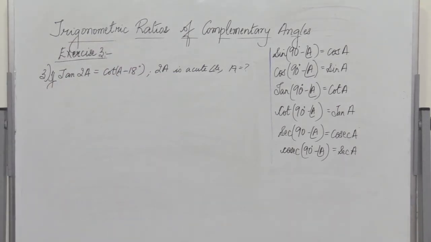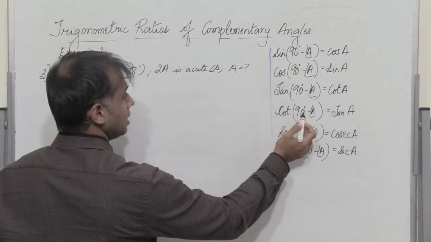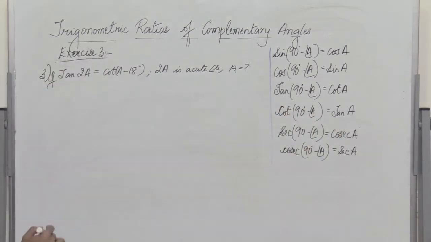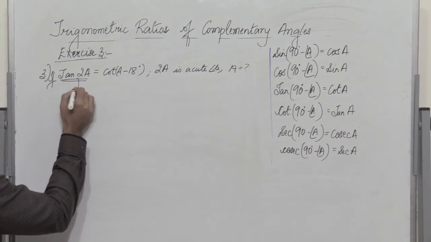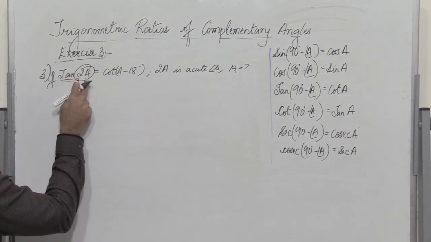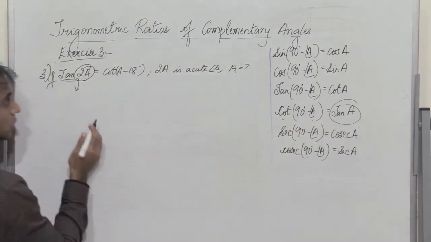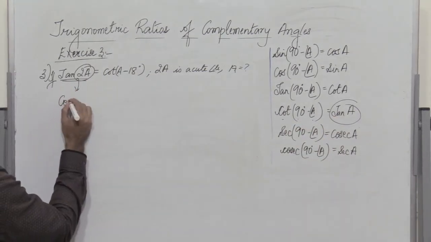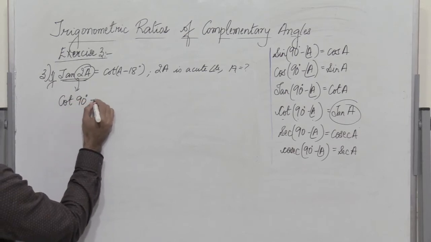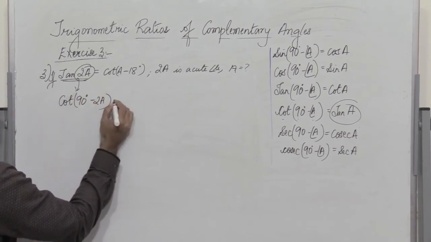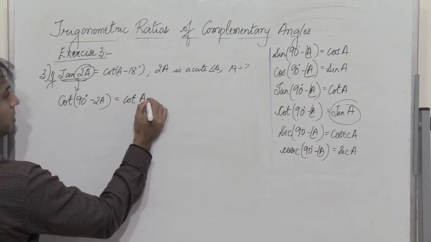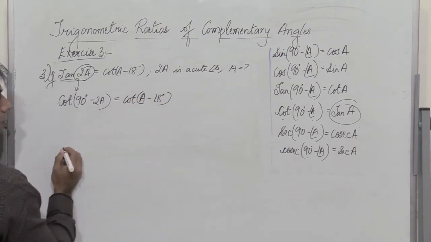Now we know that cot of 90 minus A equals tan A. So I have tan A; instead of A I have 2A. So I can write tan A as cot of 90 minus A. Therefore tan 2A can be written as cot of 90 minus 2A equals cot of A minus 18 degrees.